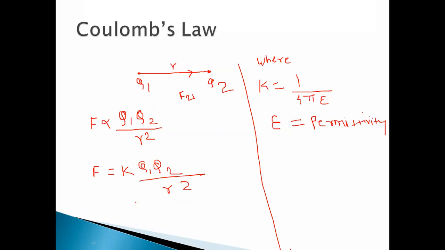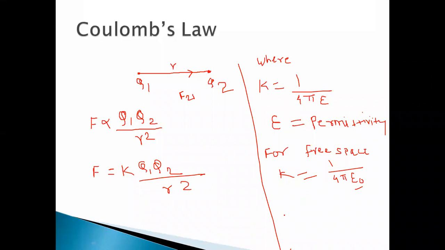When we are considering free space, this k is equal to 1 divided by 4 pi epsilon 0, and this epsilon 0 is the permittivity of free space.